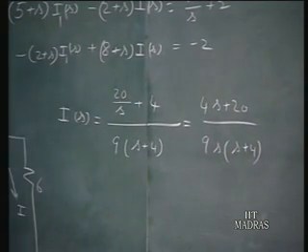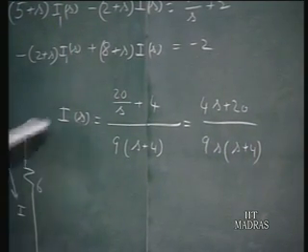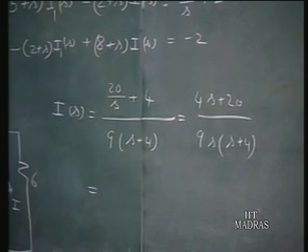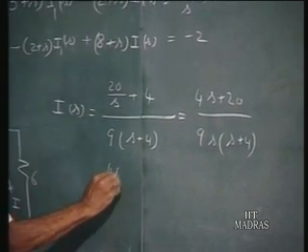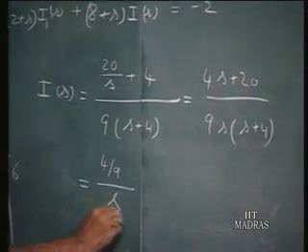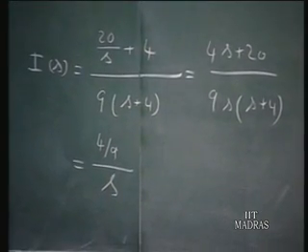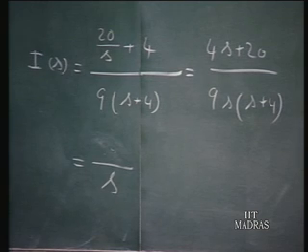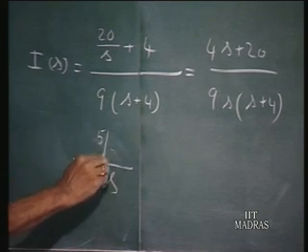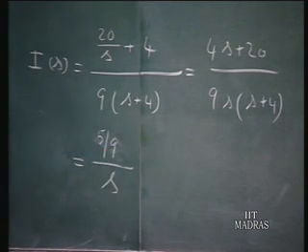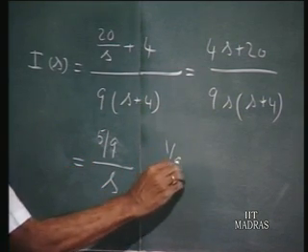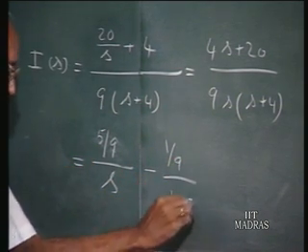So at this stage you make the partial fraction expansion for I2(S) in order to find I2(t). If you carry out the partial fraction expansion, it becomes 5 upon 9 over S, minus 1 by 9 over S plus 4.